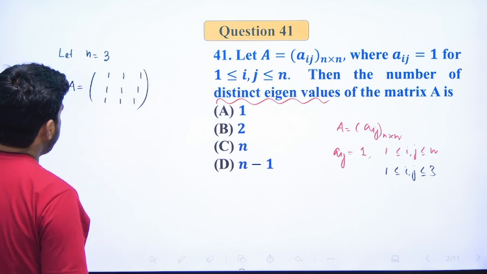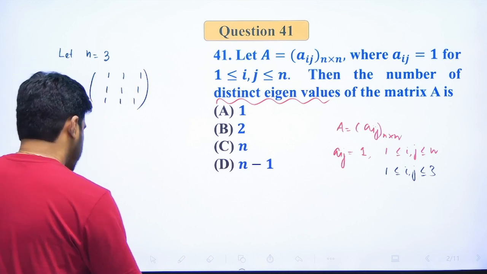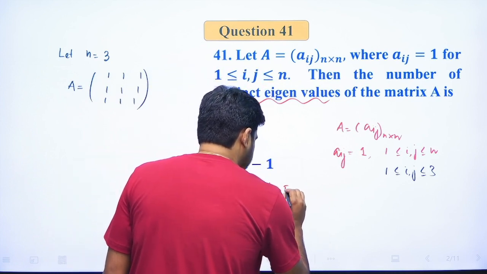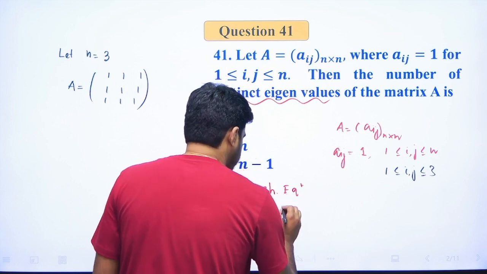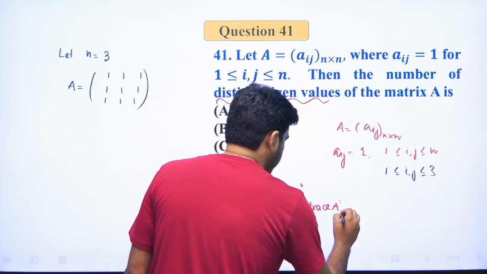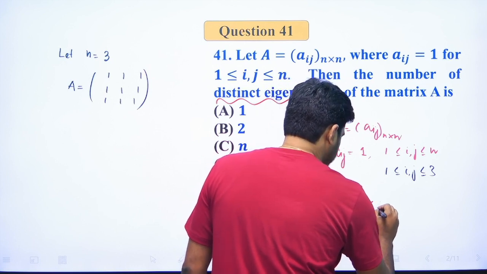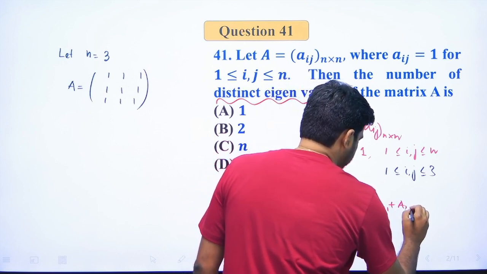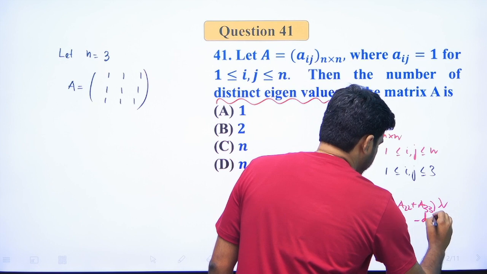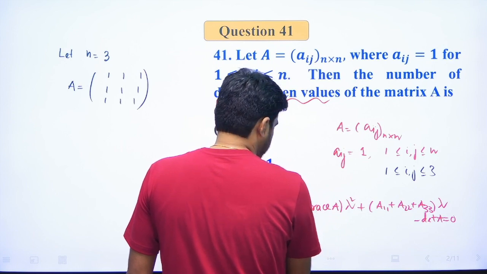ঠিক আছে? এবার আমি তোমাদের শর্ট ট্রিক বলেছিলাম, যদি 3 cross 3 ম্যাট্রিক্স হয়, if A is a 3 cross 3 matrix, so what is the characteristic equation? That is lambda cube minus trace A into lambda square plus (A11 plus A22 plus A33) into lambda minus determinant A is equal to 0, right?